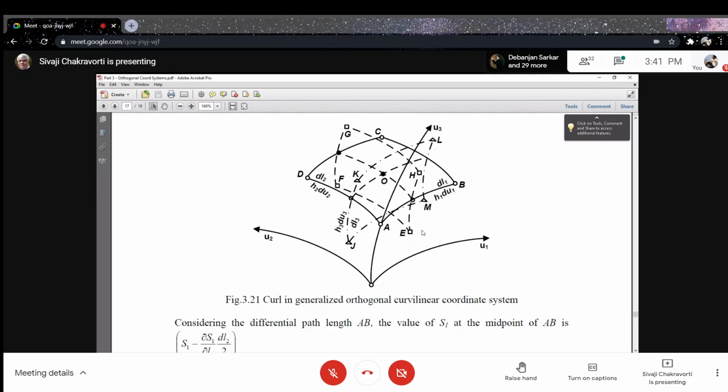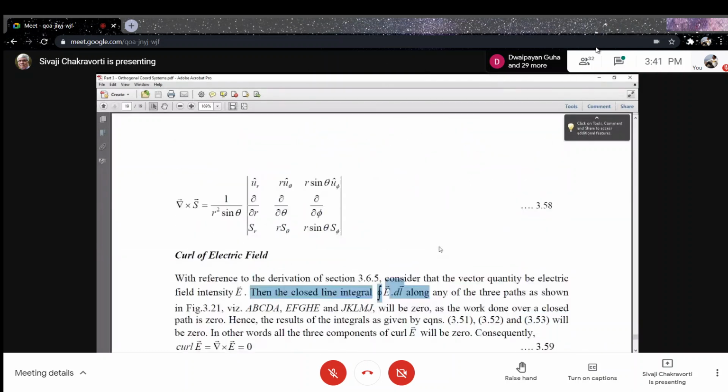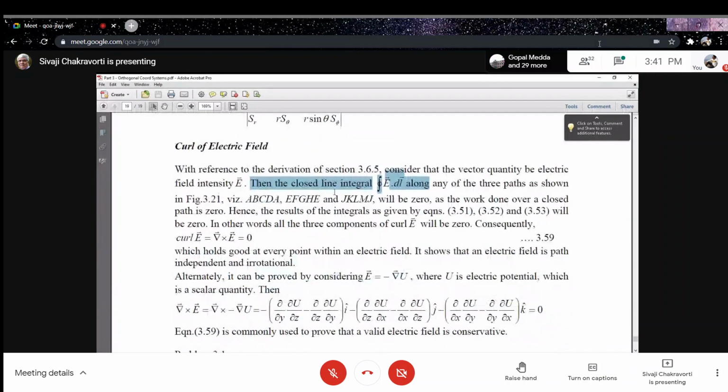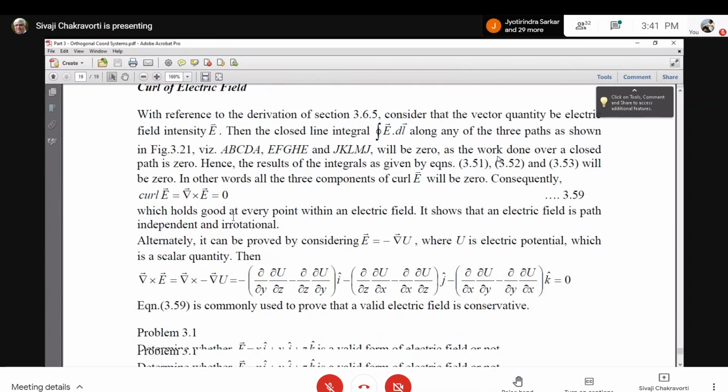If I take EFGH, dl again 0. So coming back to here, if I take the closed line integral E dot dl along these three paths, which I have already shown, these three will always give you the three components of curl, but all these three components will become 0, which means that curl of E will be 0.